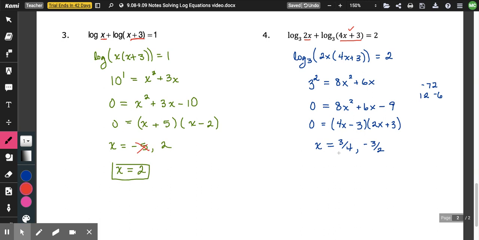So that one works for both of them. So this one's good. Negative 3/2, on the other hand, if I put it in place of this x in the first logarithm, I'd have a positive times a negative, which makes it negative. So right away I could discard that one. So my only solution on this one would be 3/4. Alrighty, now you've got a couple problems similar to that one to try.